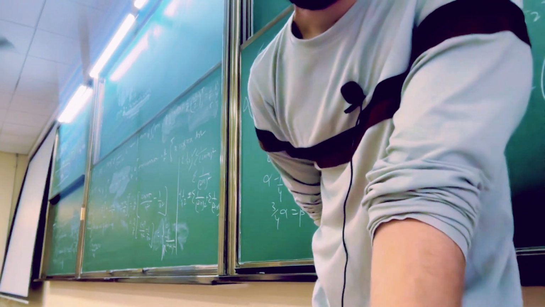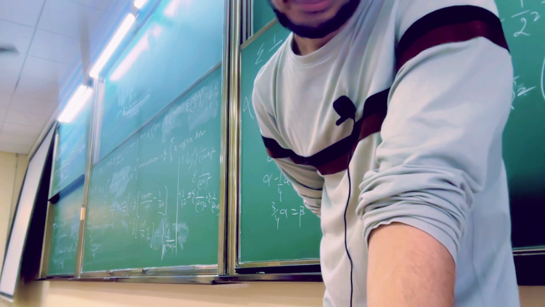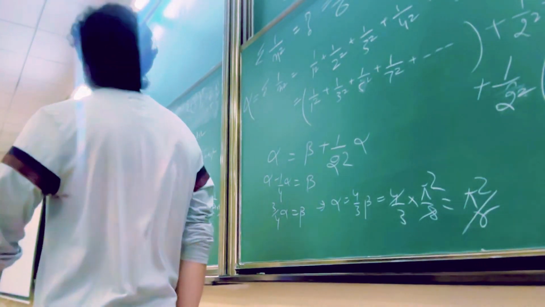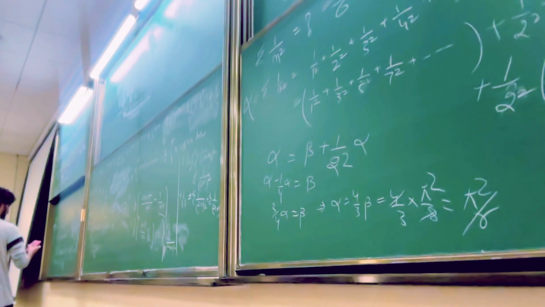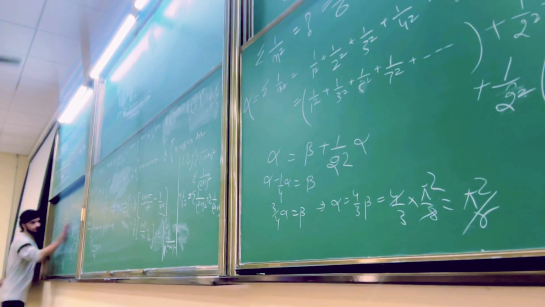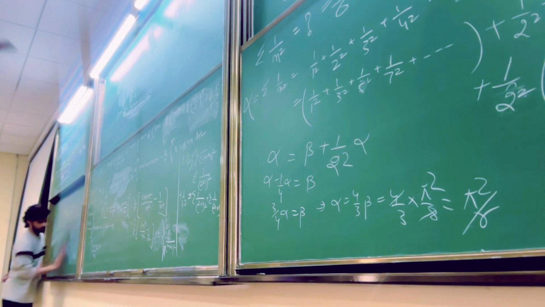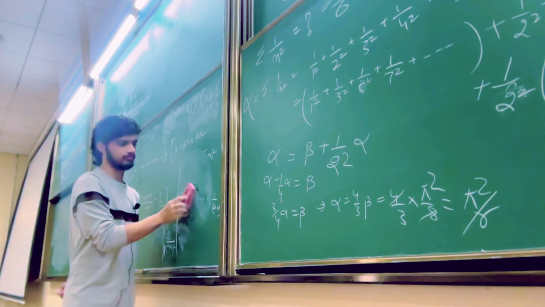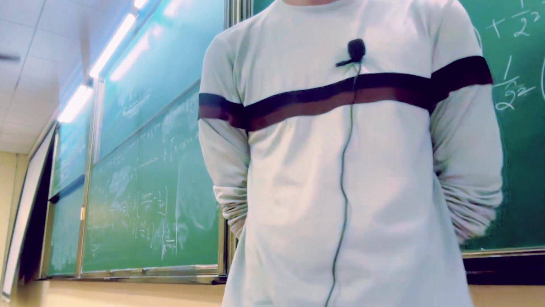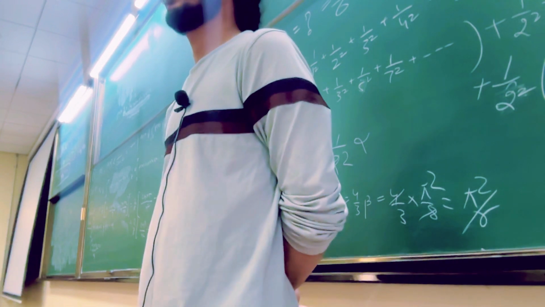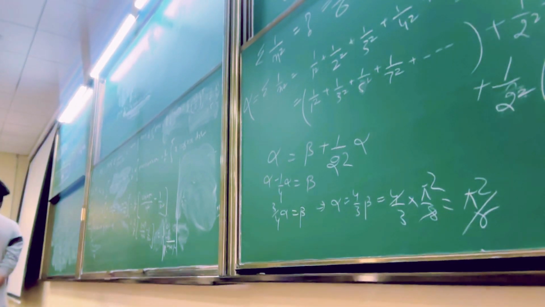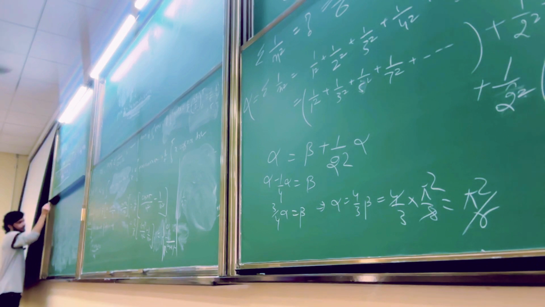Write it. This is very easy. Find again the Fourier series of f(x) equal to x in between minus pi and pi.